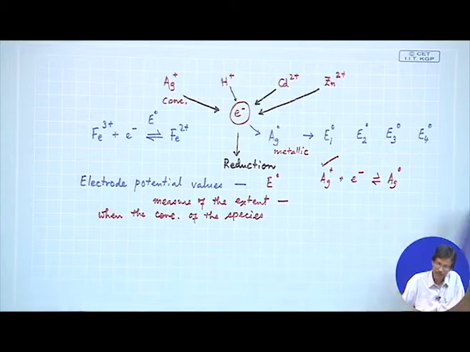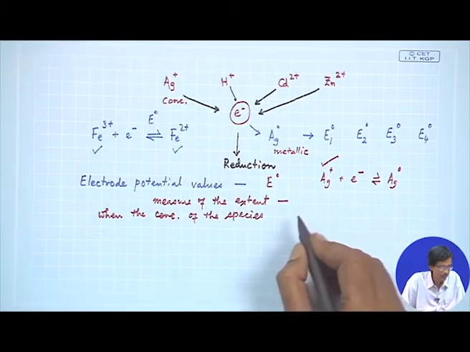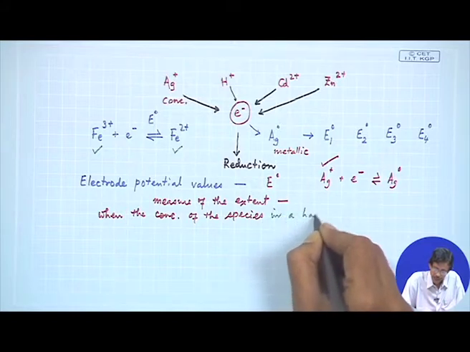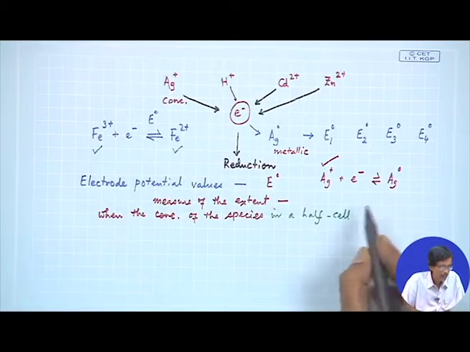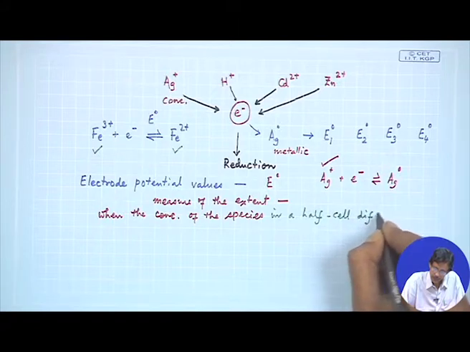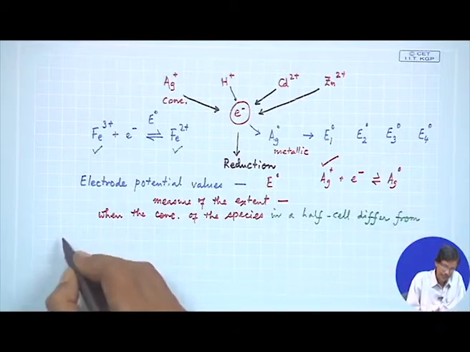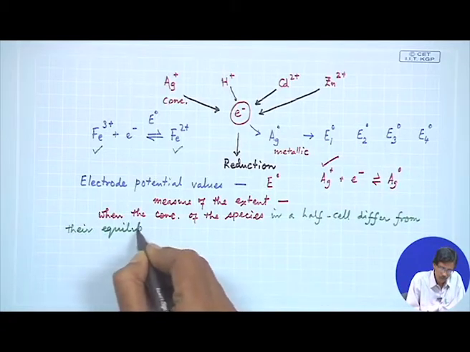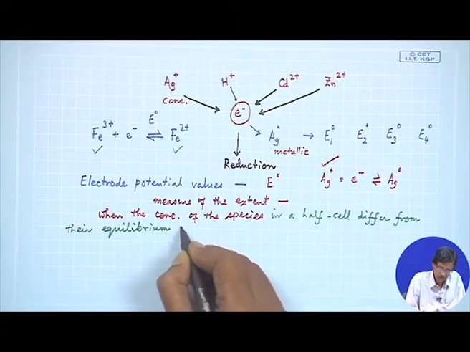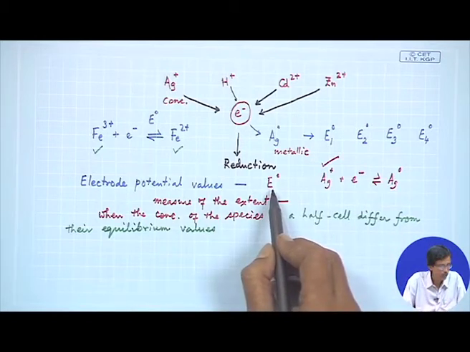When the concentrations of both species, the ferric ion as well as the ferrous ion, in a half cell differ from their equilibrium values, we should be able to get some E for that particular situation.